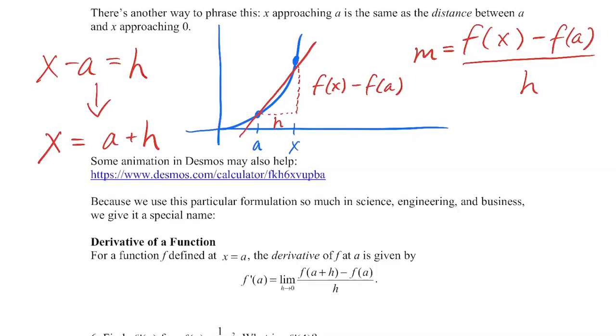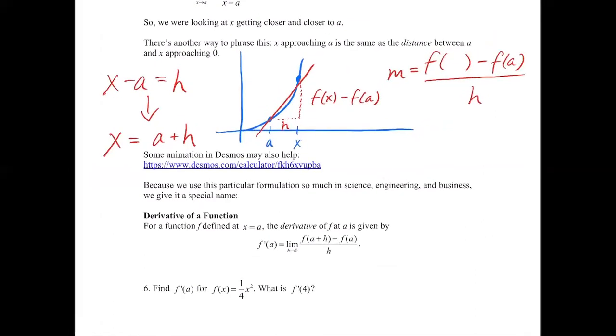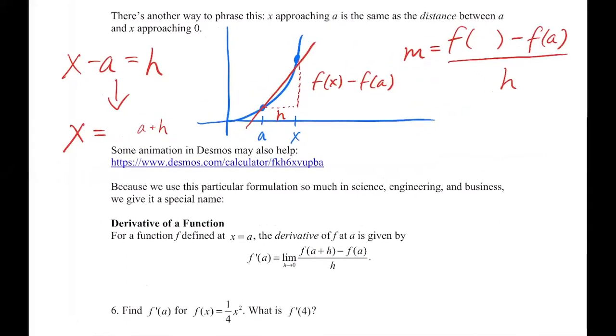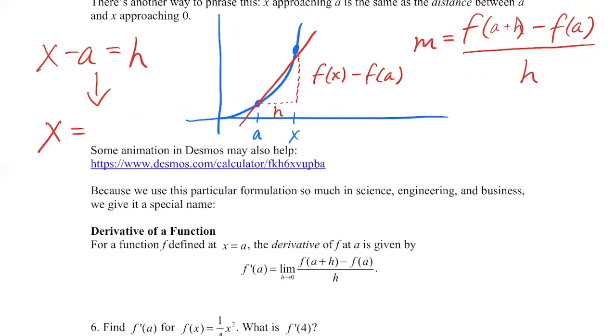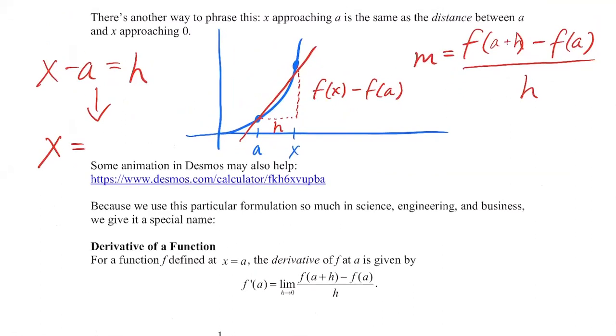So it's completely feasible for us to do the following. And there we go, a new formula for the slope. So we are saying f of a plus h minus f of a all over h.